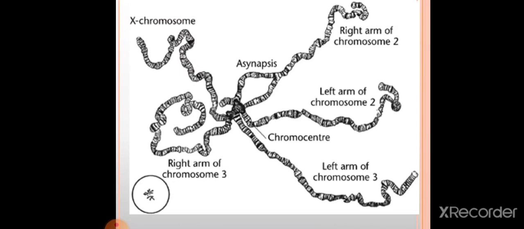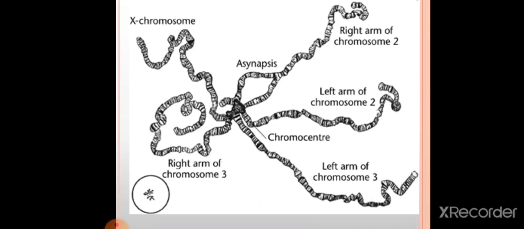Here this polytene chromosome is found in the form of 4 long and 1 short limb radiating from a single, more or less amorphous mass known as the chromocenter. So it is in this region of the chromocenter that the centromeres of all these chromosomes are attached. So all the limbs originate from this chromocenter.